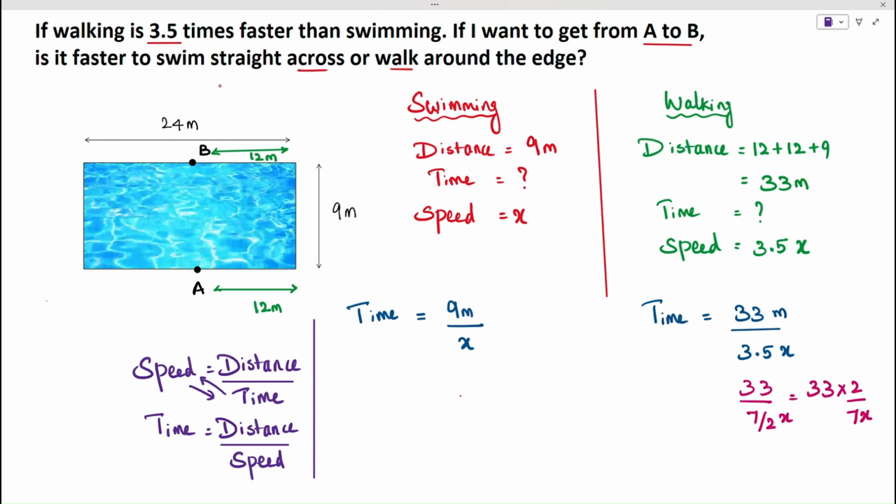And this can now be written as 66 over 7x. Now, with our time for swimming, we also have x in our denominator. So if we multiply our numerator and our denominator by 7, we get 63 over 7x.